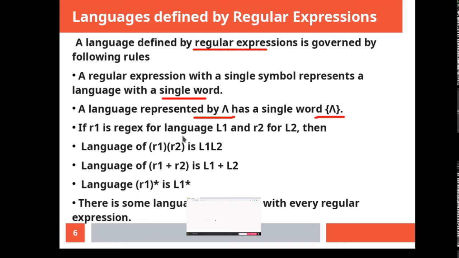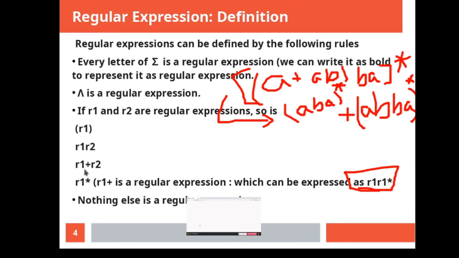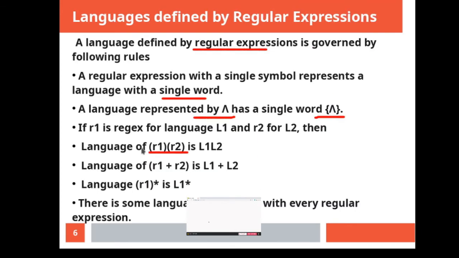If R1 is a regular expression of language L1 and R2 is the regular expression of L2, then the language of R1 R2. So we are now building the language over the previous rules that we defined in the definition of the regular expression. There, the regular expressions were defined; now we are talking about the languages formed by these rules. So if L1 is the language for the regular expression R1 and L2 is for R2, then the language of R1 concatenated with R2 is L1 L2.